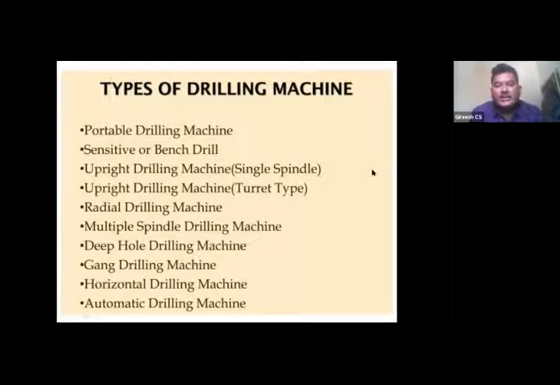Radial drilling machine, multiple spindle drilling machine. Multiple spindle means more than one tool you can fix on the machine. Okay, simultaneously more holes you can produce on the multiple spindle machine. Then deep hole drilling machine, gang drilling machine, horizontal drilling machine, and automatic drilling machine.